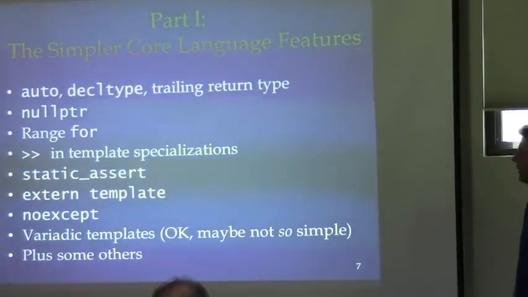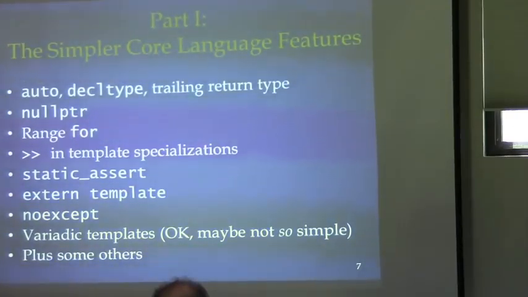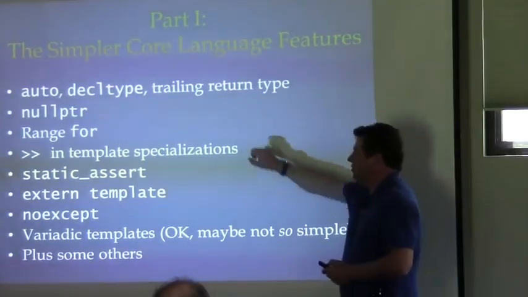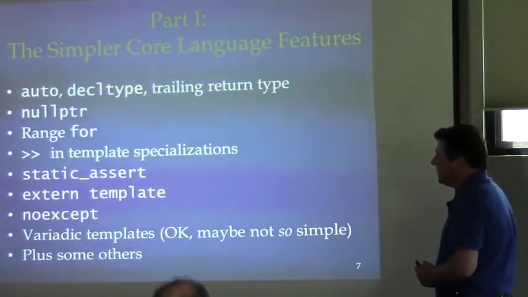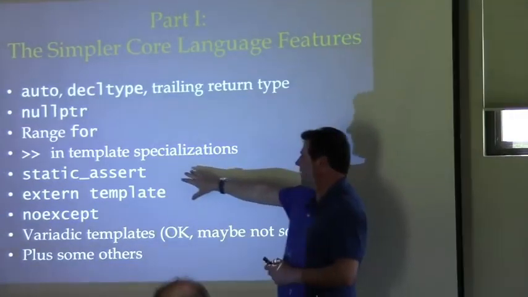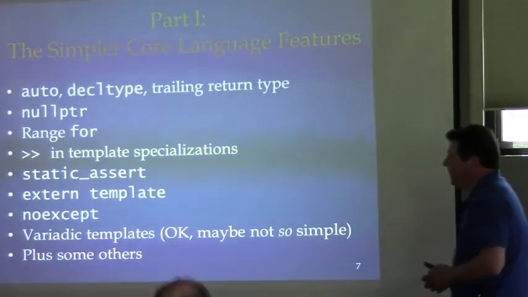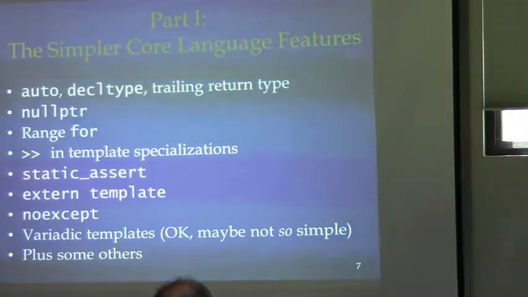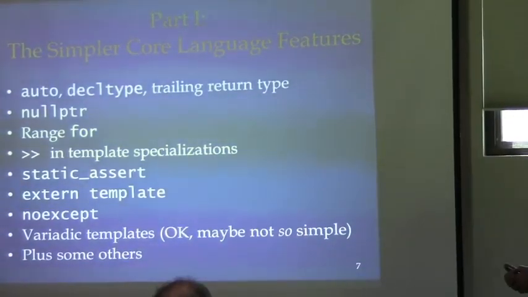Part 1, we're going to look at some new keywords, auto, decltype, and the syntax for trailing return type for functions and lambdas. The nullptr keyword, the new range-based for, a fix to an annoying little problem in old C++, static_assert, which brings compile time asserts into the language. Extern template, which solved a problem that had caused a lot of grief in terms of what's the most efficient way to compile and reuse templates.